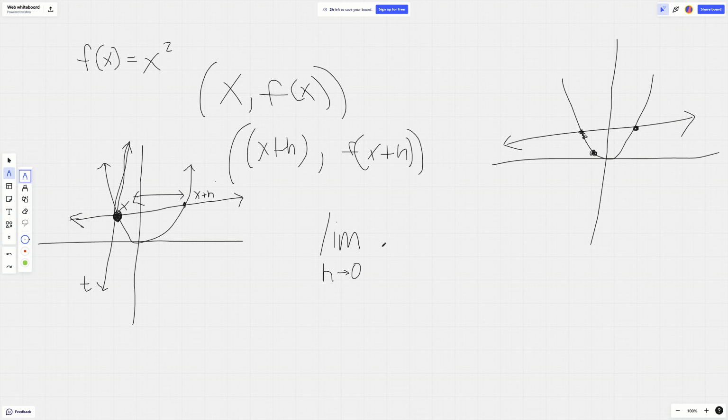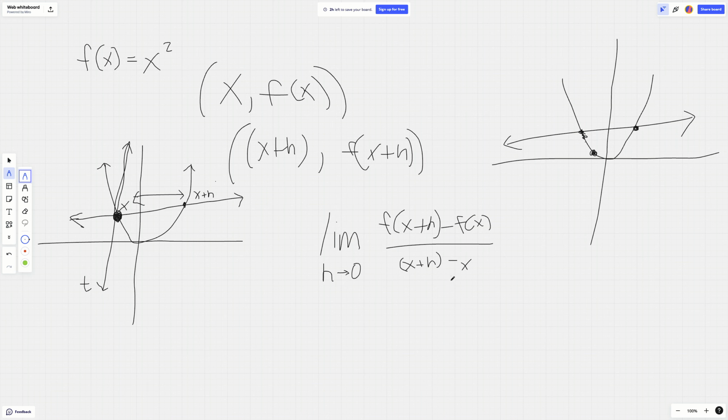So we're taking the limit as the h value, our horizontal distance, approaches 0, of, again, y2 minus y1 over x2 minus x1. So f of x plus h minus f of x all over x plus h minus x.